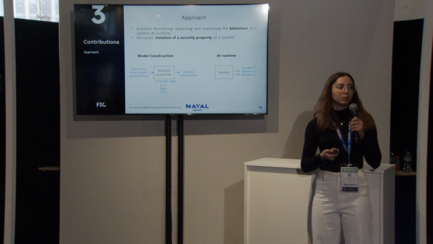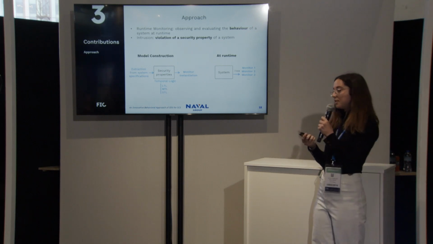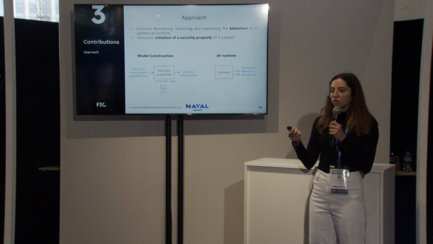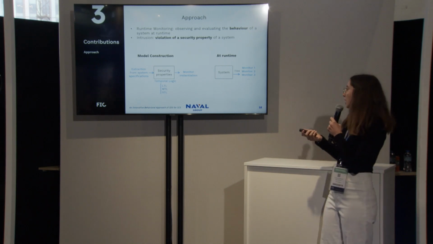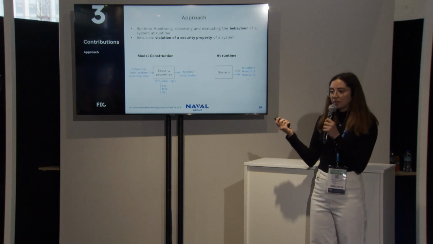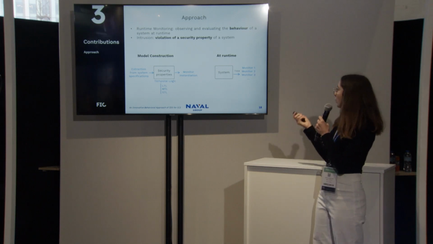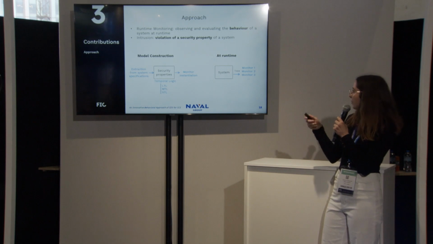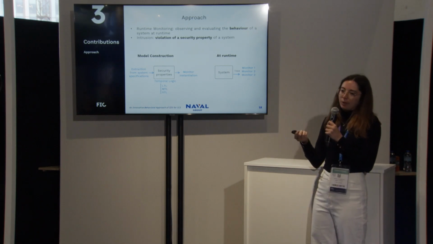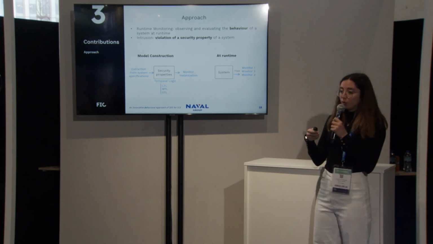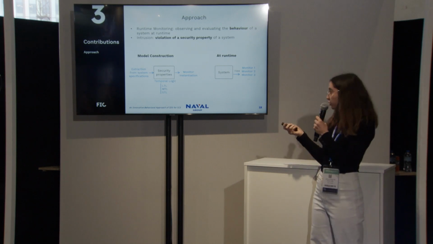If you remember, we are doing a behavioral IDS, so our goal is to build and specify the behavior of our system. We do that with security properties, which are then executed by the monitors to see if they are violated or not. There are two main phases, the model construction first.